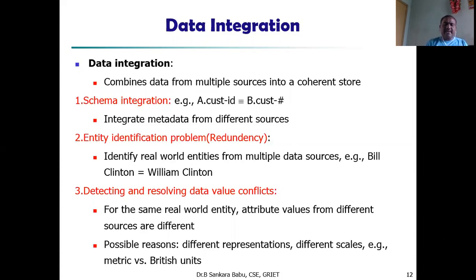In schema integration, errors can be avoided by using the metadata that describes individual attributes, such as name, type of data, range, and null values for managing rules for null values. This metadata can also be used to perform data transformation.